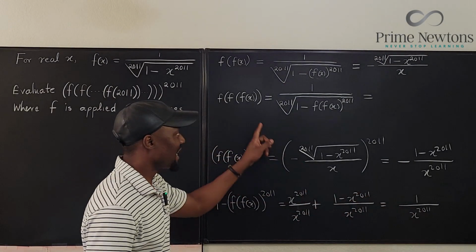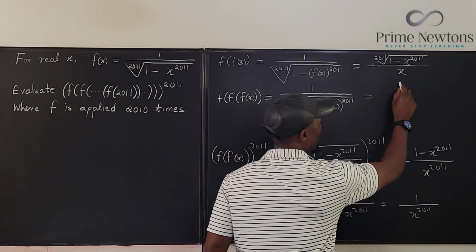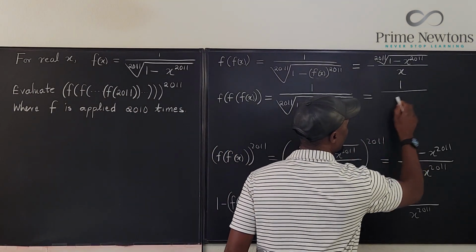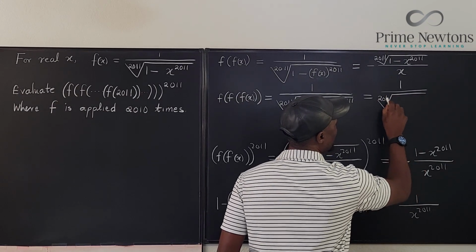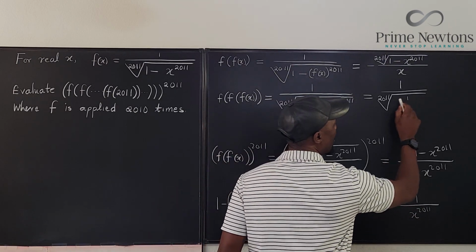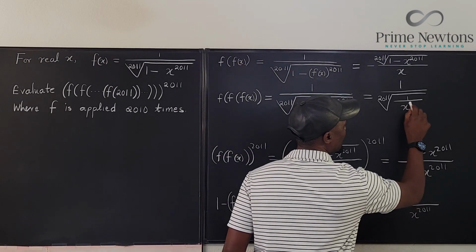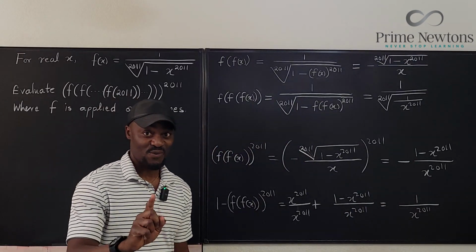So I can actually write that expression here because it makes sense. So this is going to be equal to 1 over the 2011th root of this, which is 1 over x to the 2011. Nice. We're almost there.